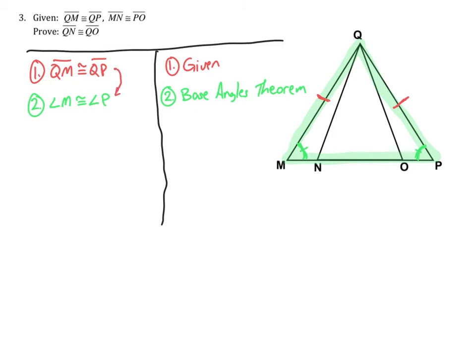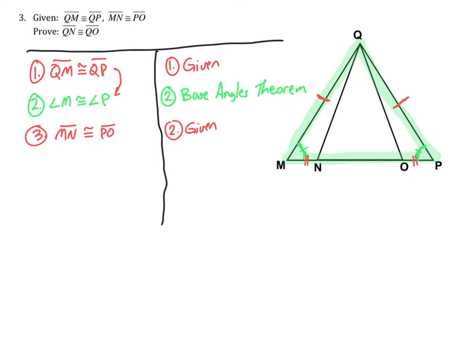My next item is step 3, and I'm going to say that segment MN is congruent to segment PO, and that reason is also that it was given. So I have MN and PO congruent.